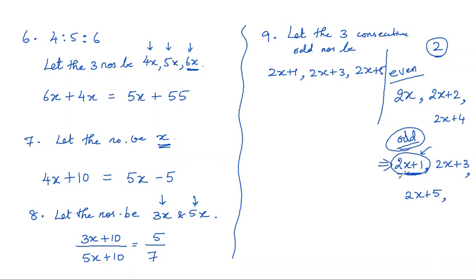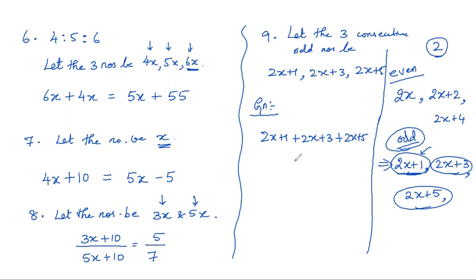But here let us take 2x plus 1, 2x plus 3 and 2x plus 5 to be the three odd numbers. The question is, find three consecutive odd numbers whose sum is 147. So the sum of these numbers, 2x plus 1 plus 2x plus 3 plus 2x plus 5, is given as equal to 147.